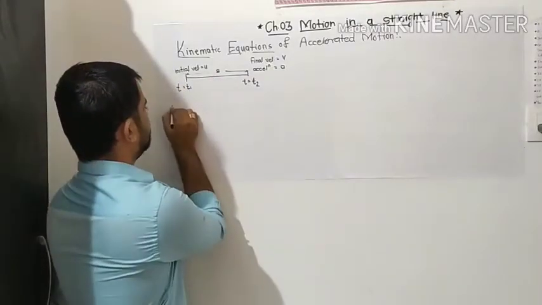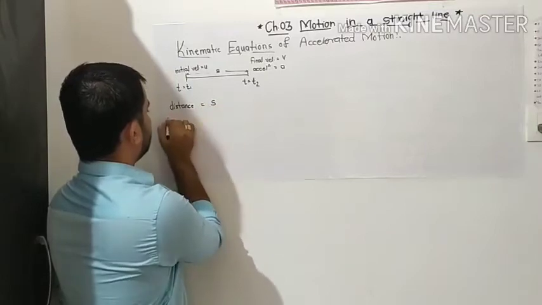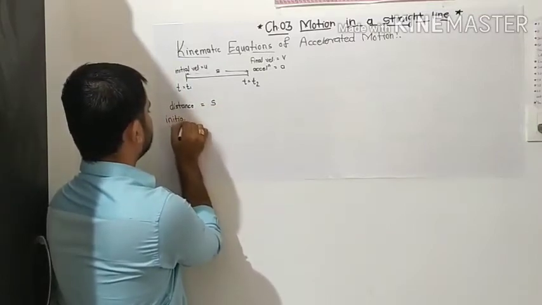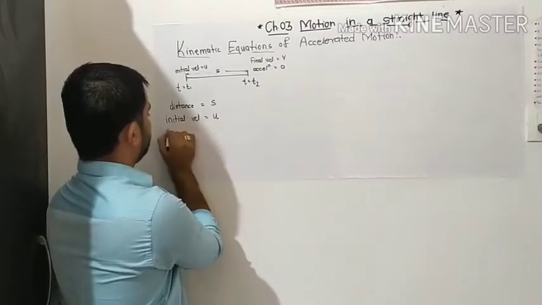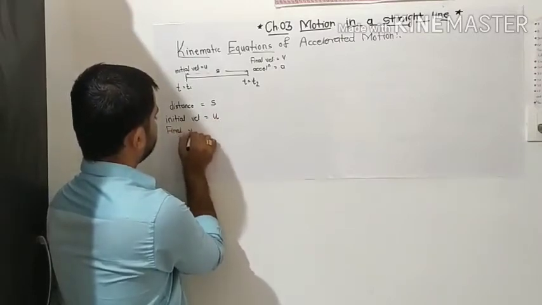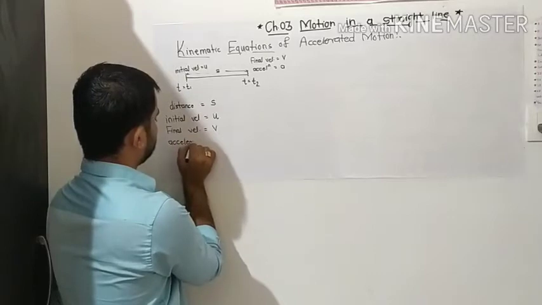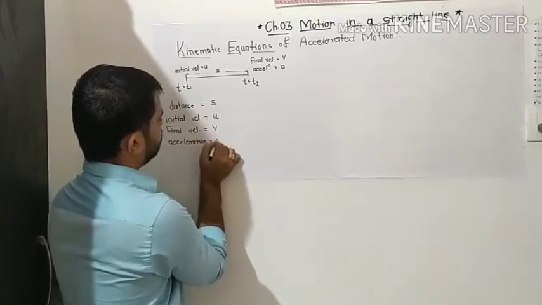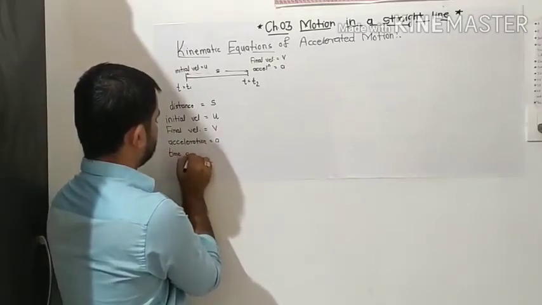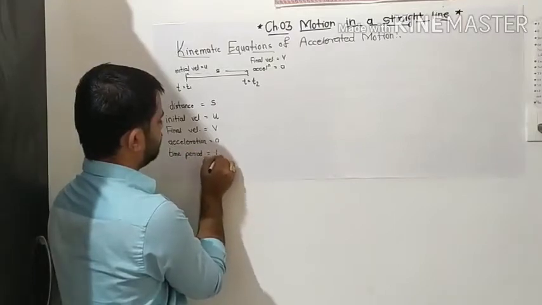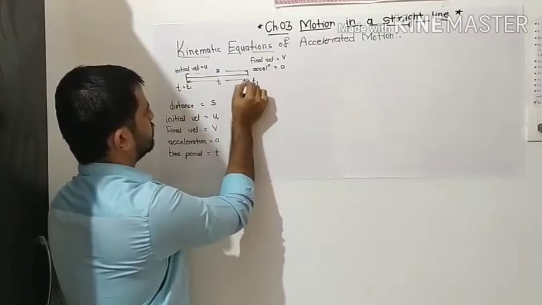We can write it here: distance is equal to s, initial velocity is equal to u, final velocity is equal to v, acceleration is equal to a, and the total time period is considered as t.